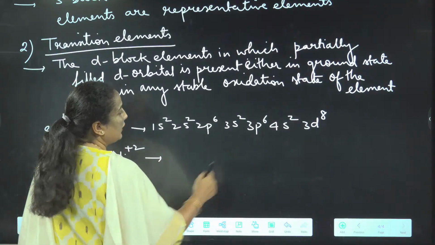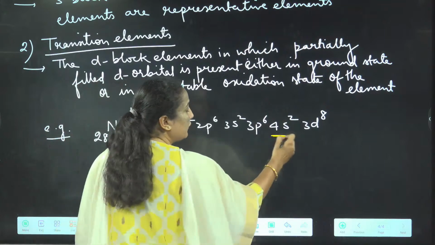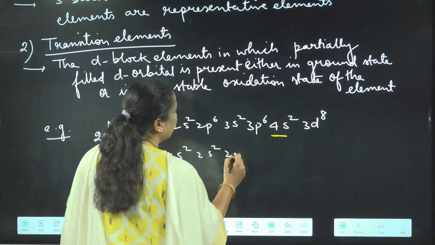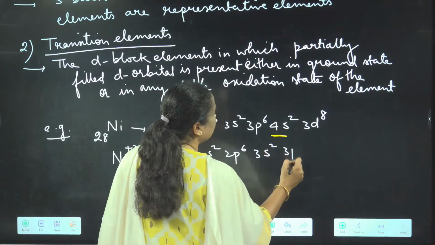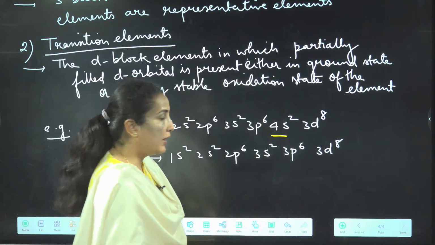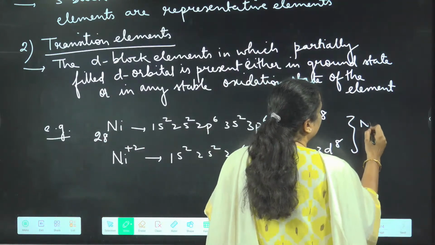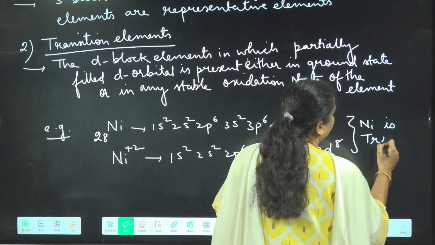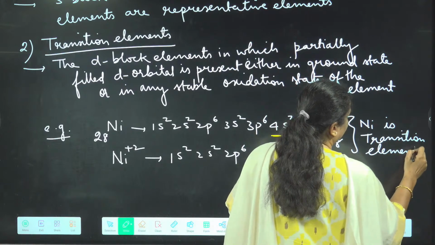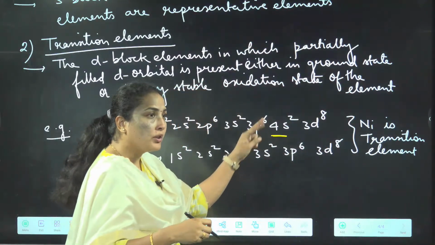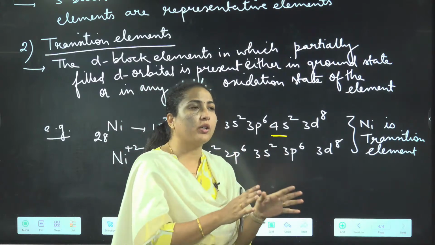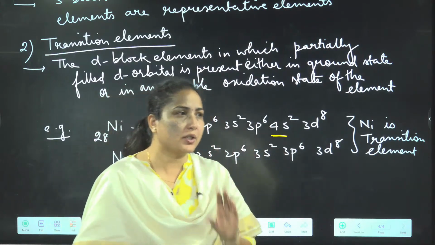In that, we remove the electrons from the outermost shell, which is the 4s. So what I get is 1s2, 2s2, 2p6, 3s2, 3p6, and 3d8. So still there is a partially filled d orbital, right? Because of that, we can say that nickel is a transition element. It's not necessary that both cases should follow, at least one of them. Either it should be in the ground state or in any stable oxidation state.